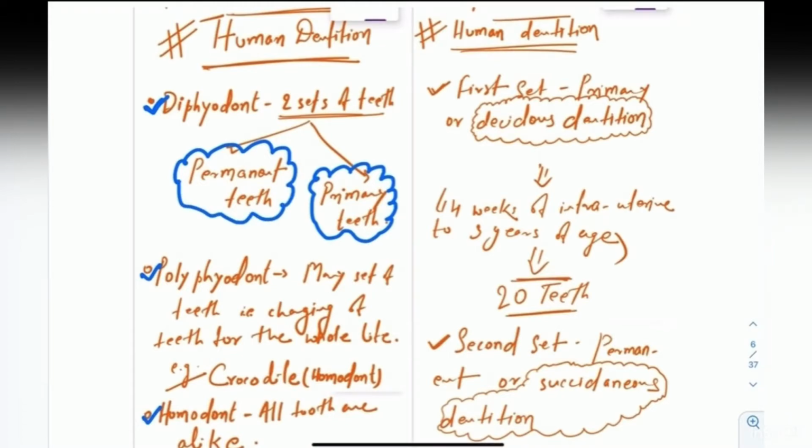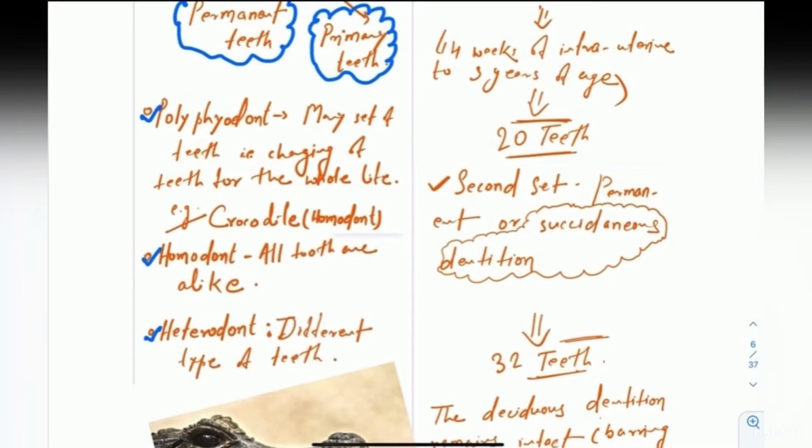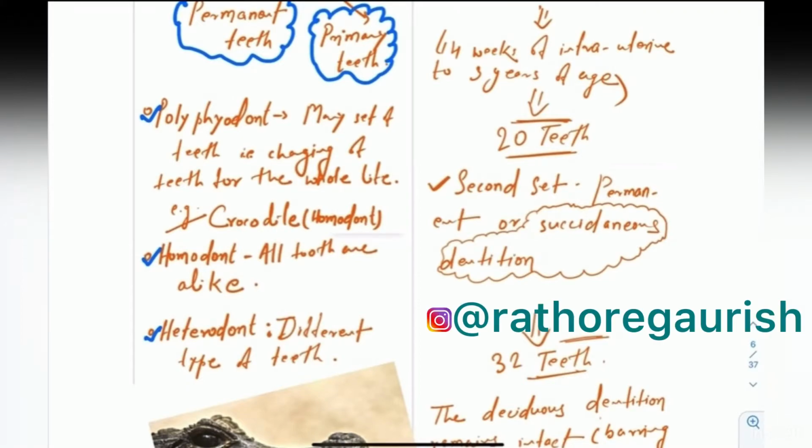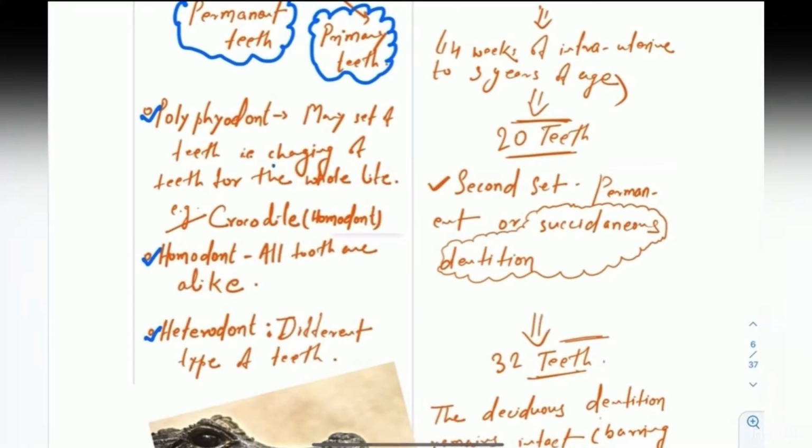This term is self-explanatory: di means two. Next is polyphyodont dentition. It tells that the changing of teeth occurs for the whole life, meaning many sets of teeth are there.